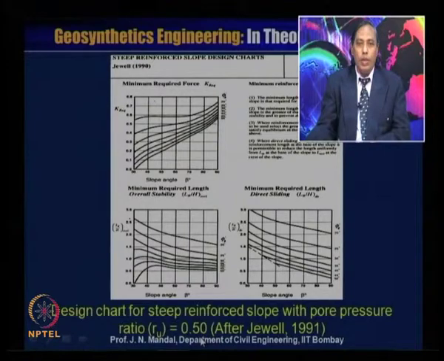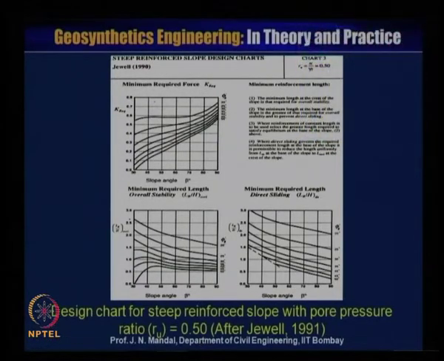So, first of all you check what the Ru is, and then accordingly design for slope stability using the Jewell design chart. From the Jewell design chart, if you know the pore water pressure ratio, the properties of the soil, and the height and the slope, then you can determine the length of the reinforcement, and also the spacing between the reinforcement.